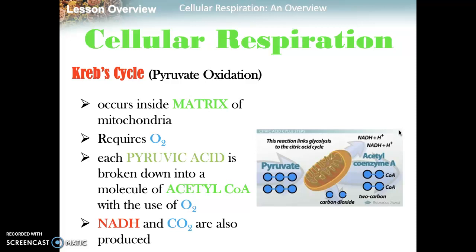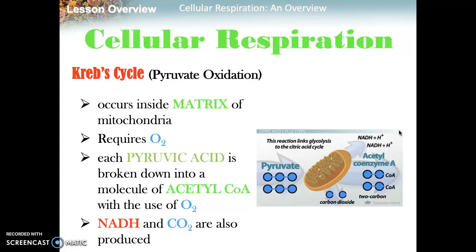When this pyruvate is converted to acetyl-CoA, we get another molecule of NADH, and we get a molecule of CO2. It is here where some of our carbon dioxide that we breathe out is produced.